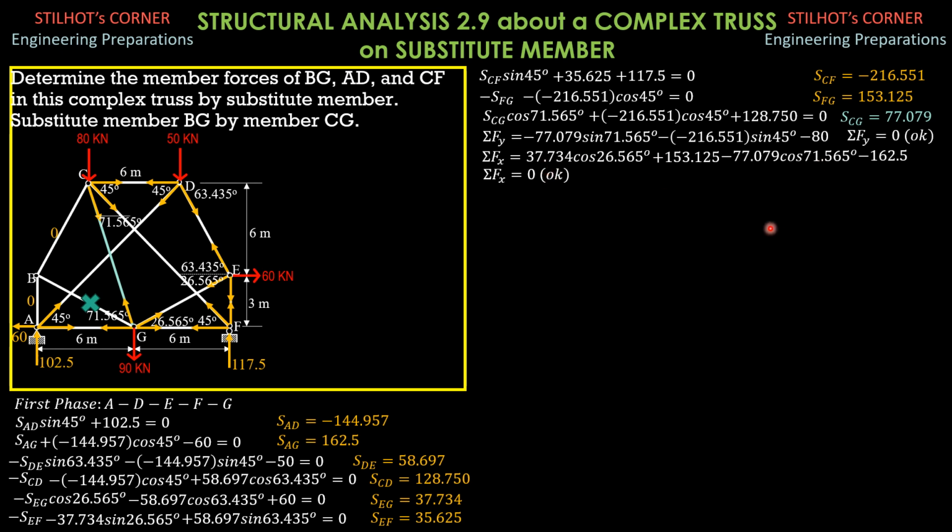So checking, summation of forces X is 0. So that's okay.